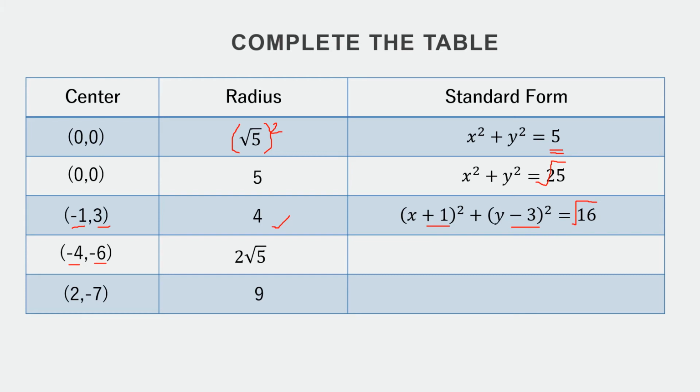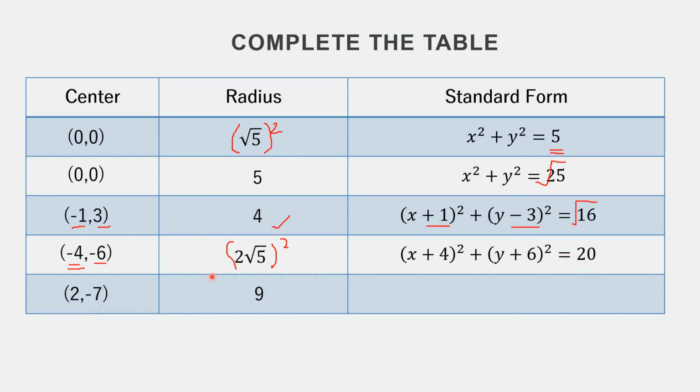And to get the right side of the standard equation, we need to square this. 2 squared is 4, square root of 5 is 5. So we have now the value is 20. So negative 4 became positive. Negative 6 became positive also. Then square to get this part.